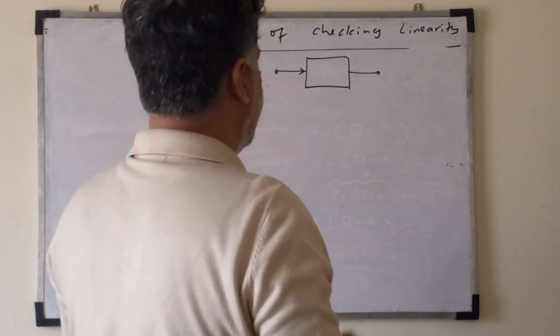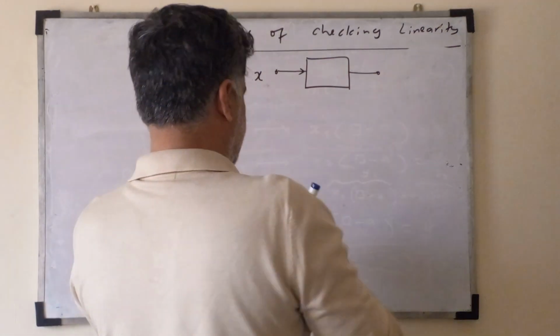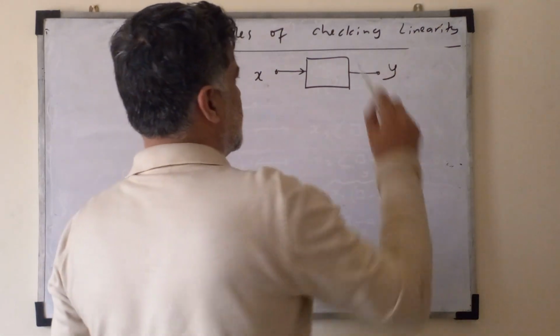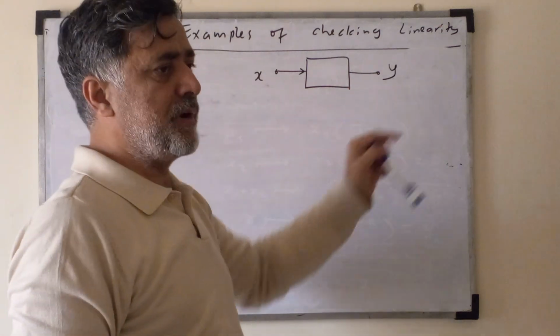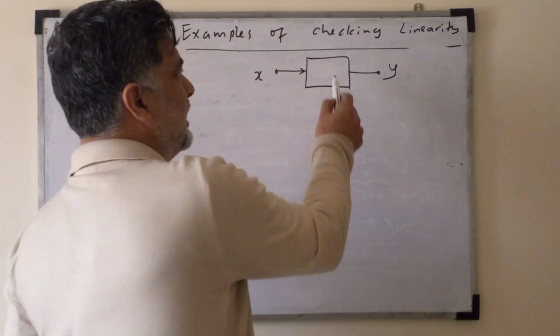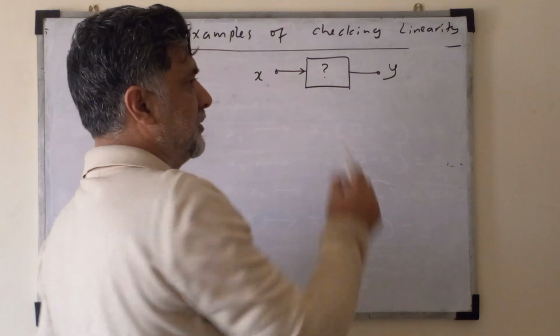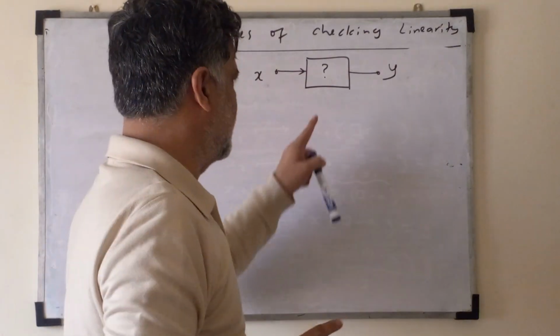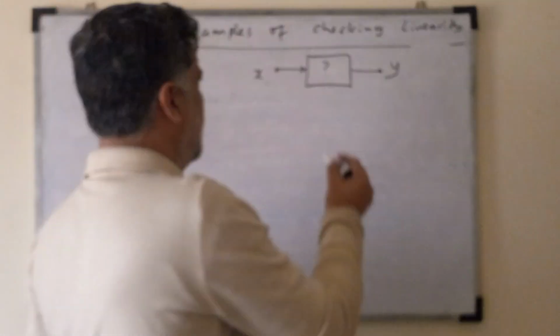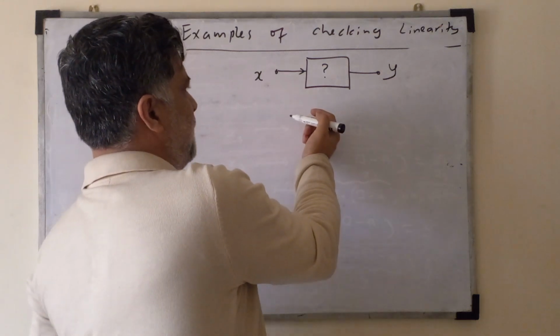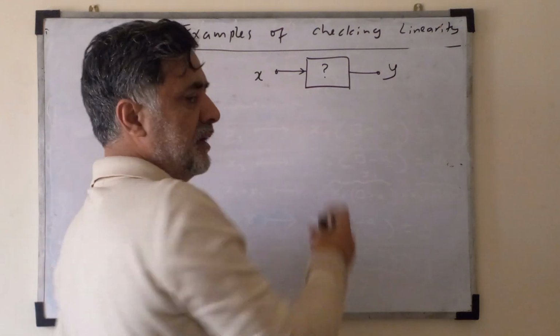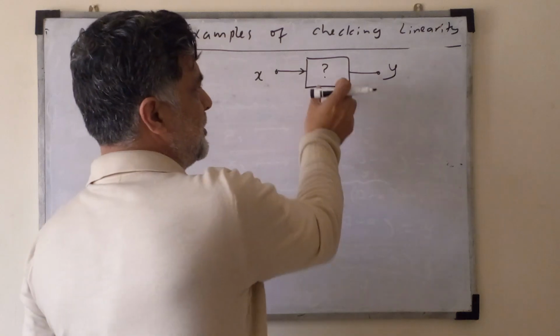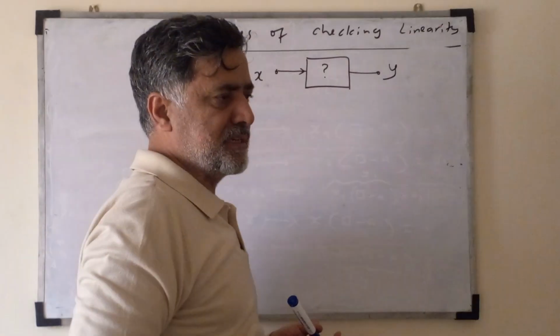Let's complicate this a little bit. Let's consider a system which maps x to y, and instead of writing the system in a box, I'm just writing an equation, because sometimes things are not easy to write in such a small box.